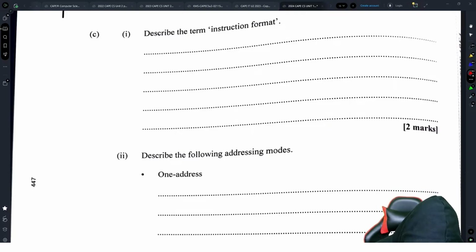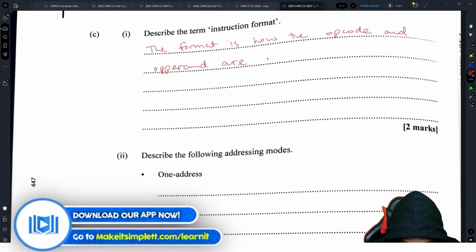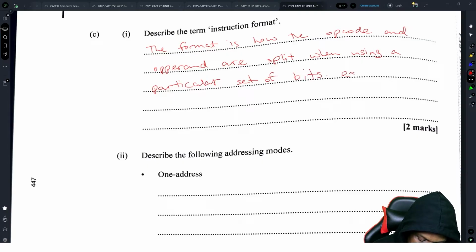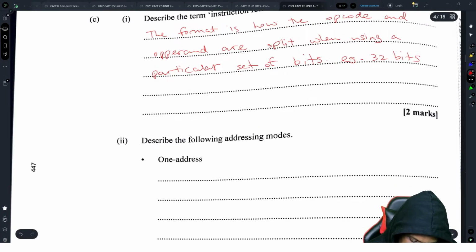So let's go with the format is how the opcode and operand are split when using a particular set of bits. Example, 32 bits. Yeah, we'll take that. 2 marks, that's probably what you're looking for here.